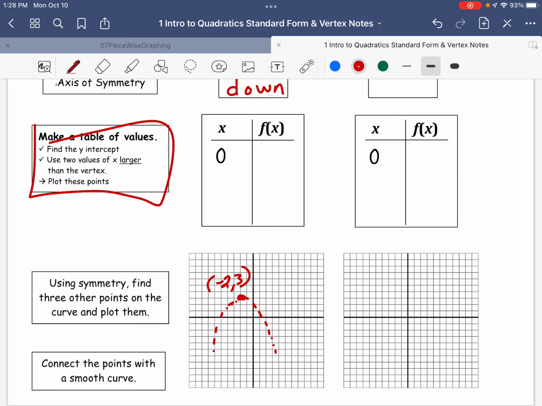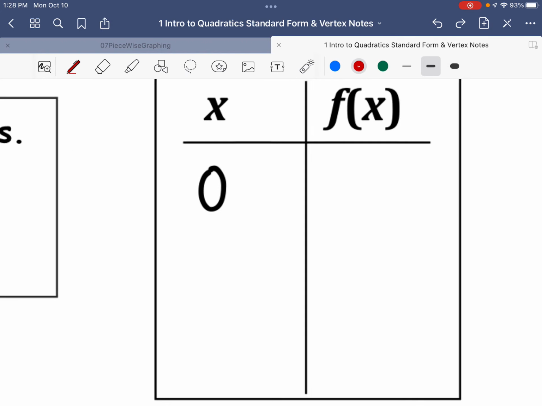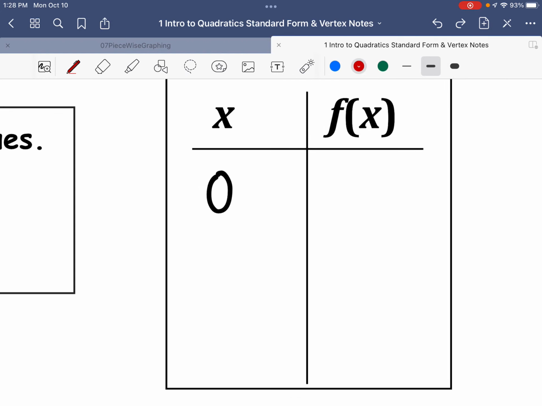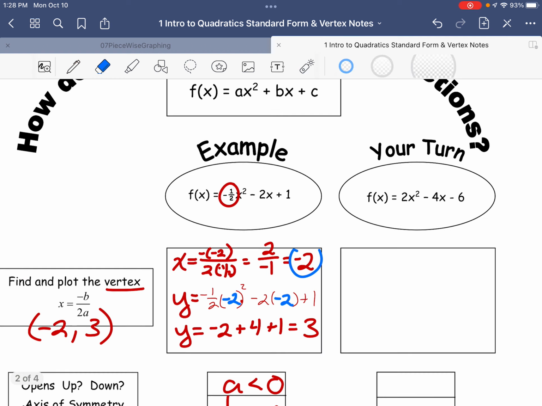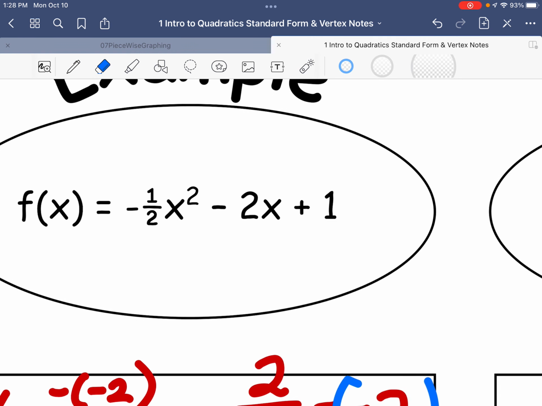some more specific points. And a lot of times what we ask you to do is to make a table of values to get those specific points, starting with the y-intercept. Now, the y-intercept is nice because it comes from plugging in 0. When I plug in 0 for x, that's always going to give me a y-intercept. Keep in mind, I'm going to be plugging that into my original equation, that original equation being negative 1/2 x squared minus 2x plus 1.